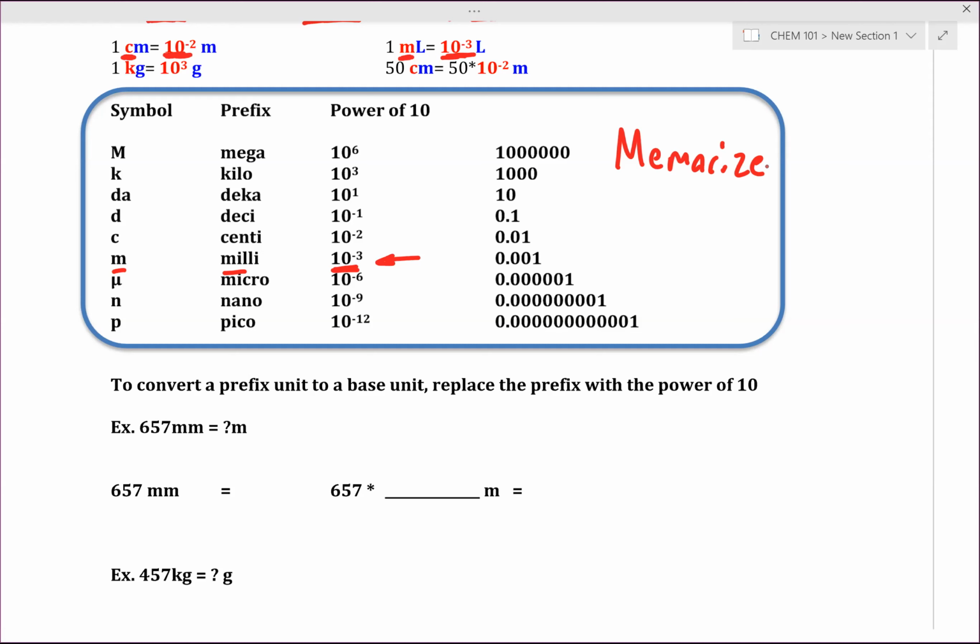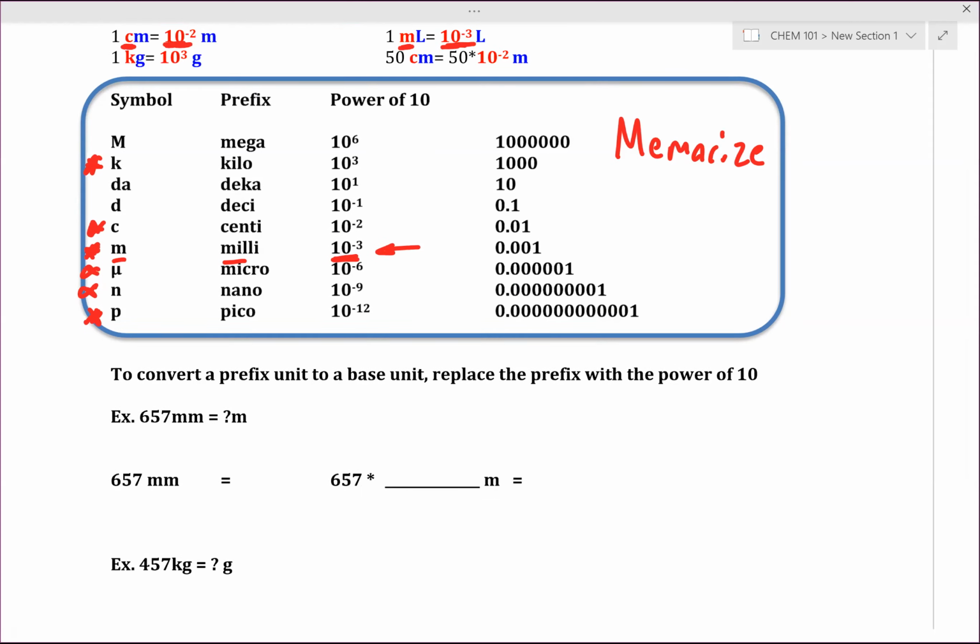I would highly suggest if you had to prioritize a few, you should know milli, kilo, micro, nano, pico, and centi, as these are the primary prefixes we'll be using in this class. You should know all of these prefixes, but if you had to prioritize, I would start with this set.